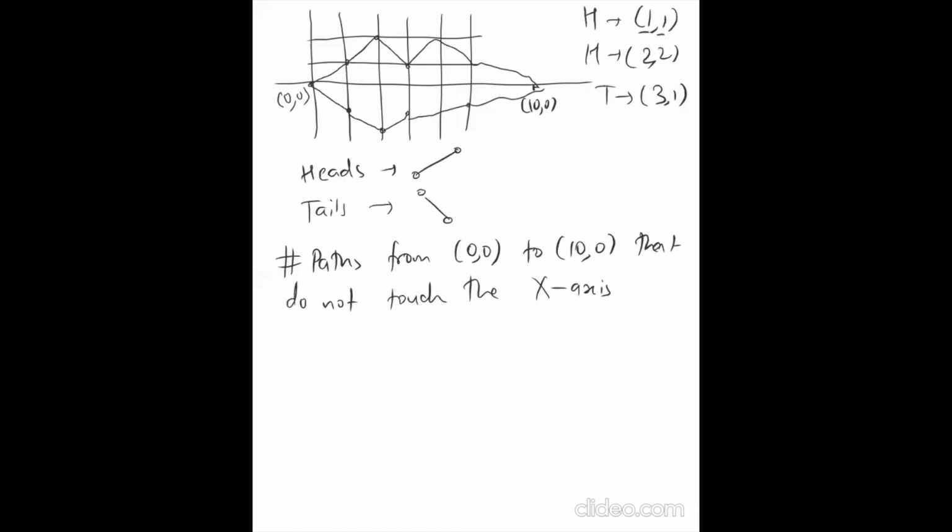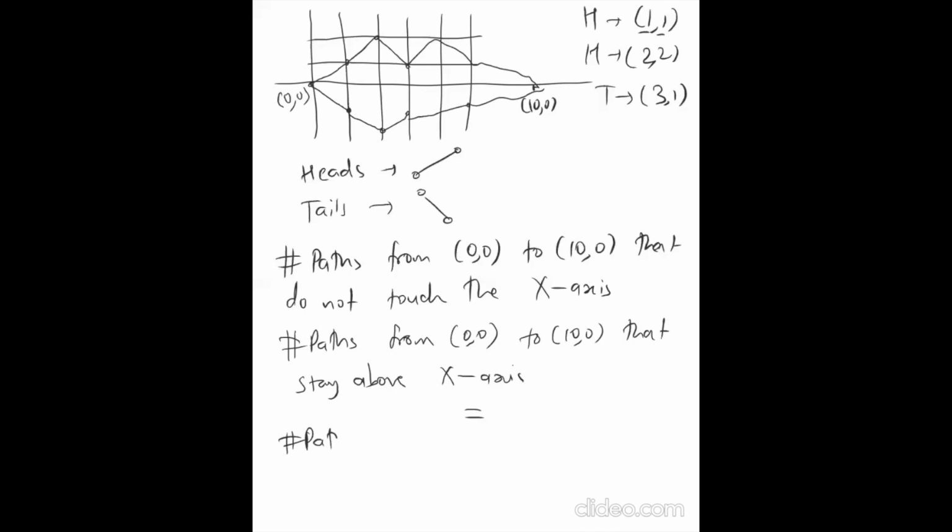My point being, the number of paths from 0, 0 to 10, 0 that stay above the x-axis is equal to the number of paths that stay below.